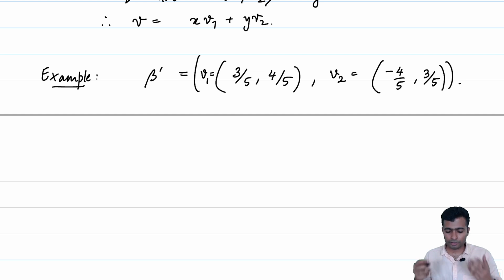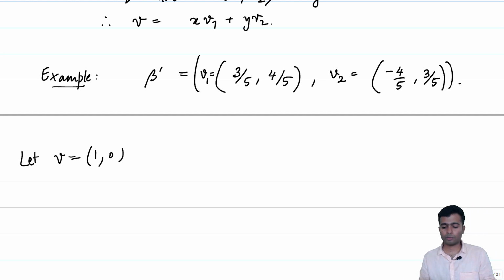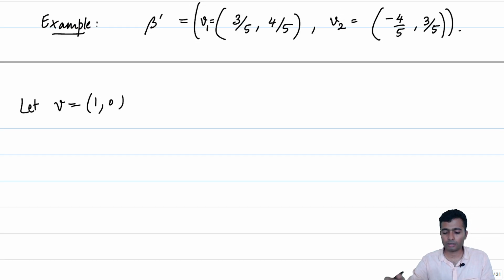Let's take the simplest vector (1, 0). Let v be equal to (1, 0), and we would like to write v as a linear combination of v1 and v2. This itself slightly increases the complication, because you will now have to write down a set of linear equations and solve for them to get hold of what the coefficients would be.